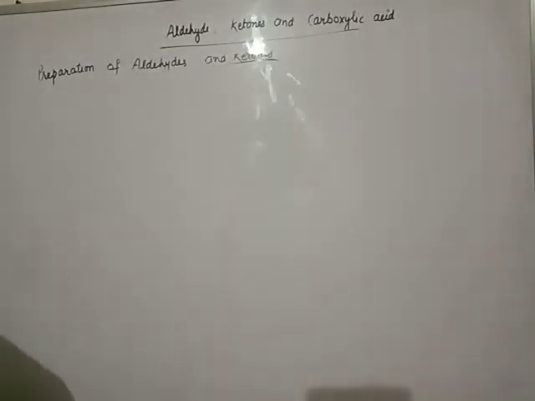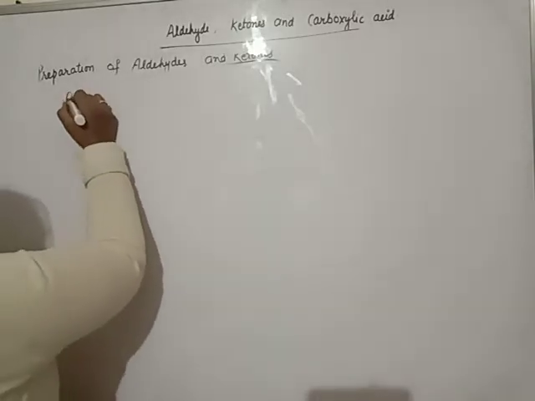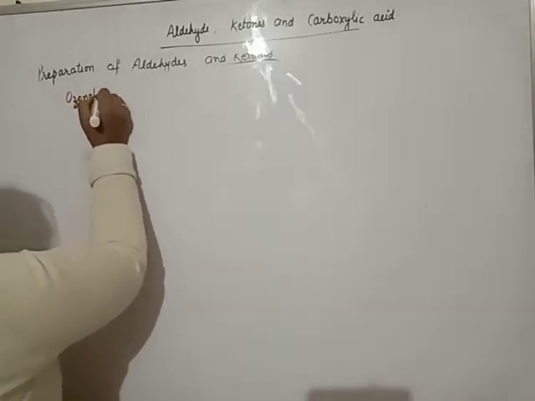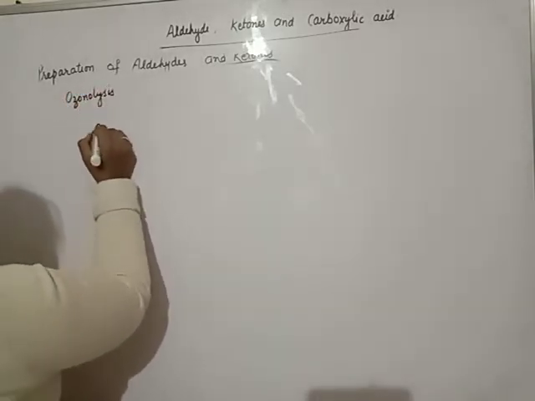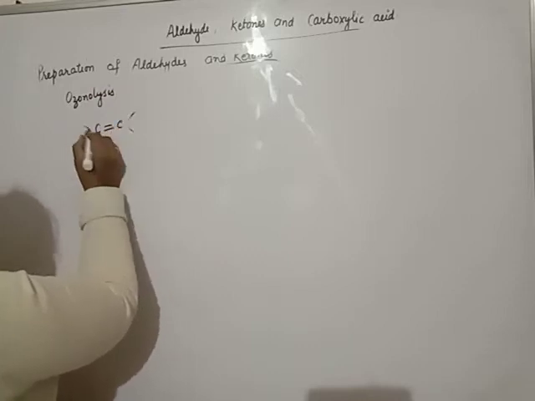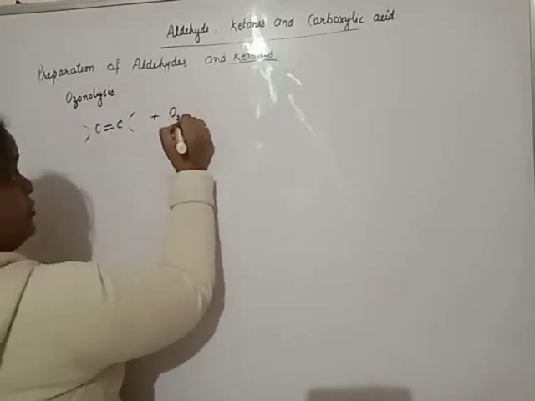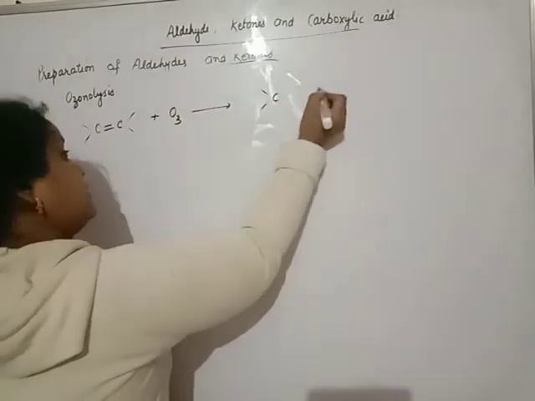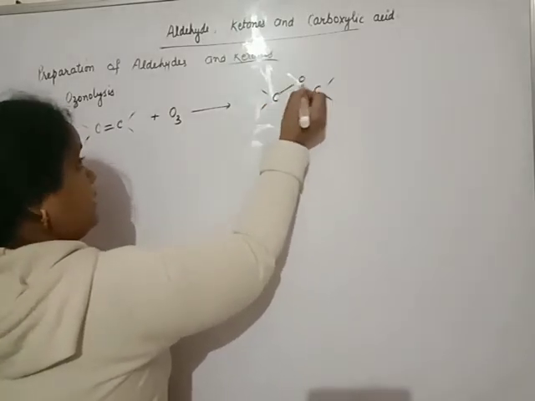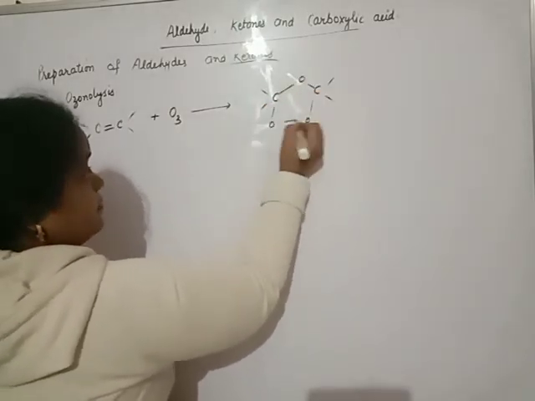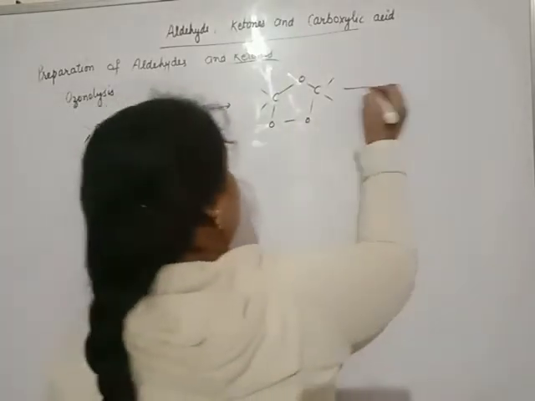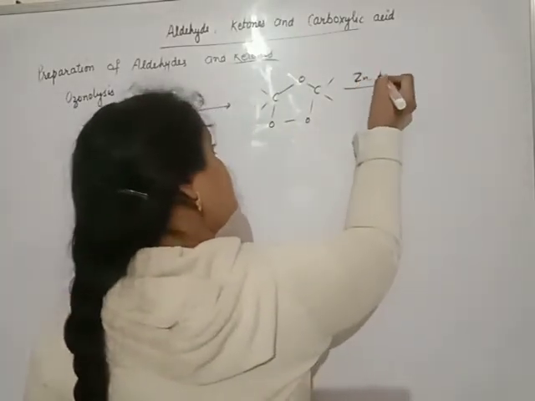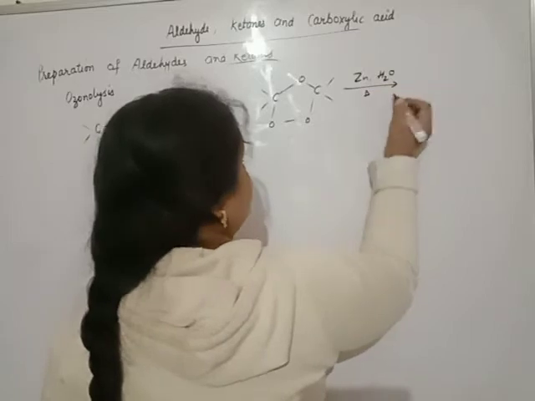From which reaction we will prepare both? In 11th class you will study this type of reaction, that is ozonolysis. A carbon-carbon double bond reacts with ozone to give an ozonoid. The double bond will break and give the ozonoid. Then this ozonoid is treated with zinc and water and heat.